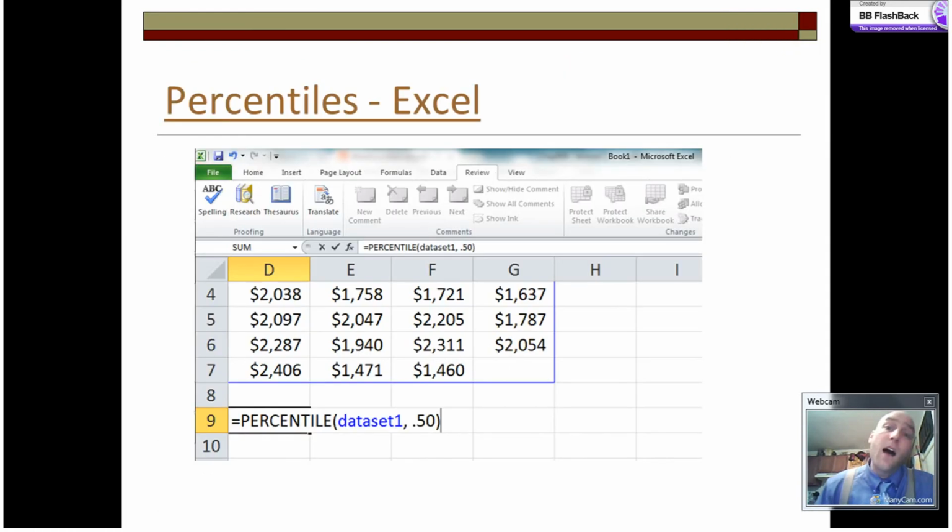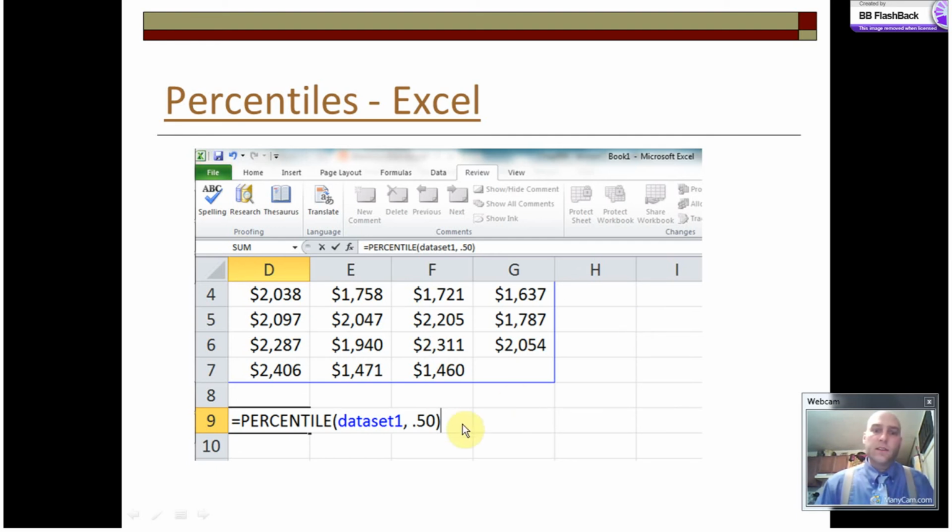That sounds complicated, which is why we have technology. If you have a data set, just like these 15 numbers here, we can give those 15 data points a name, perhaps data set 1. We can use this Excel formula, equals percentile, with 2 arguments. First, what array or data set you're using. In this case, I call it data set 1 because I've named it using the name box.